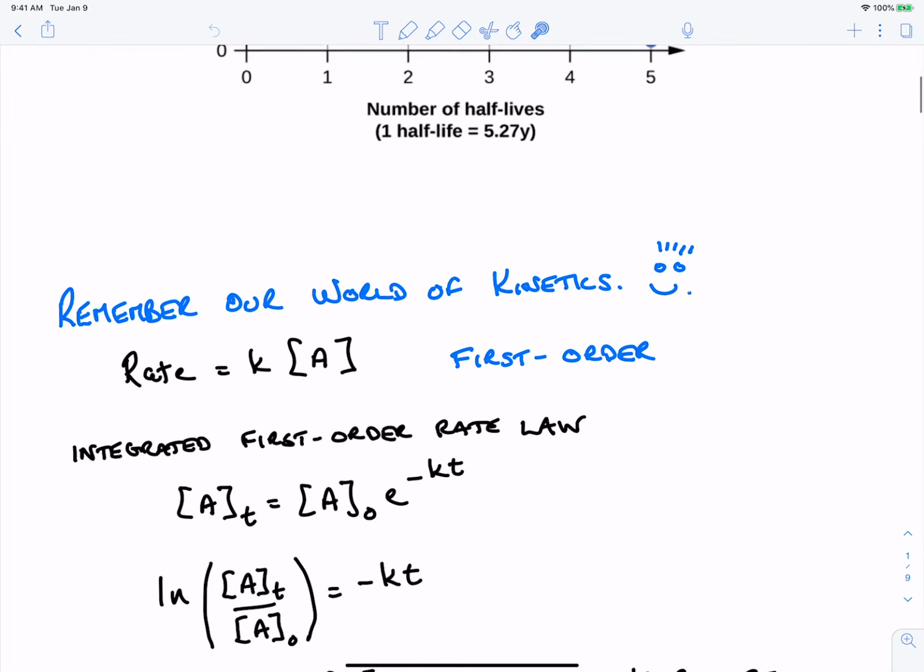And what we were also able to do when we talked about first order reactions, we could say that the concentration of A at time t was equal to the concentration of A initial, or at time 0, multiplied by a factor which was e to the minus k, the rate constant, times time, or how much time had elapsed.